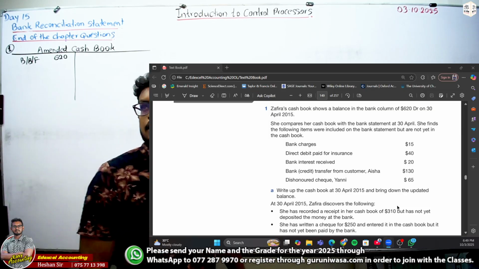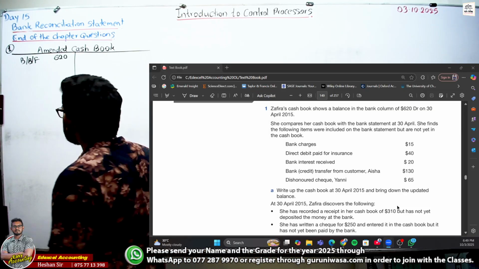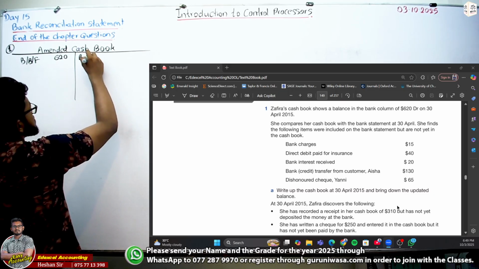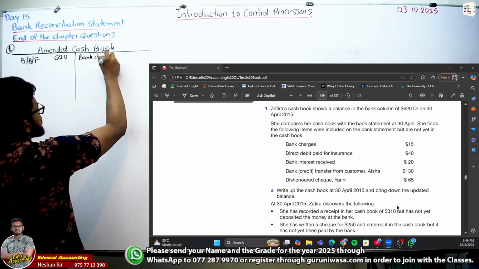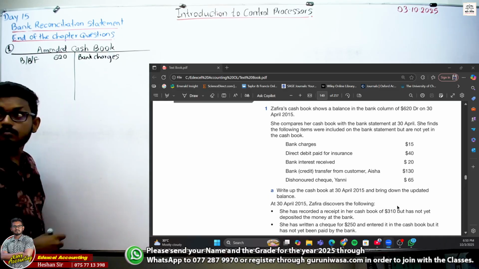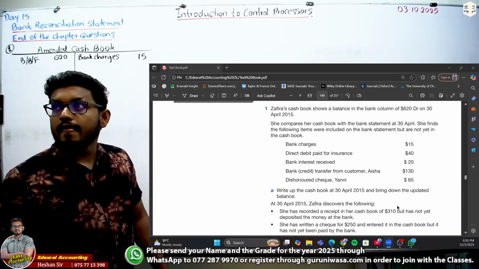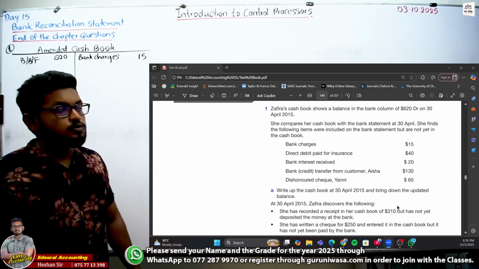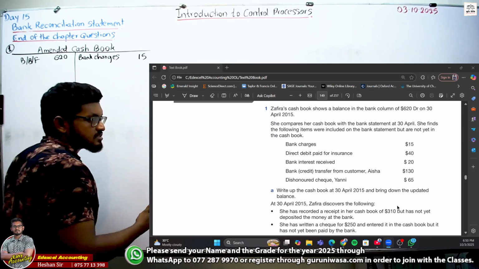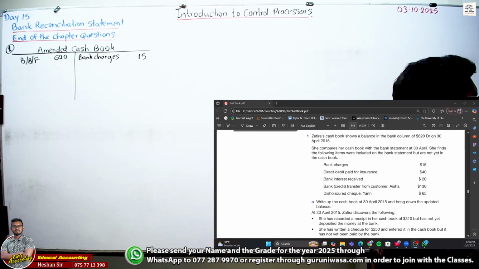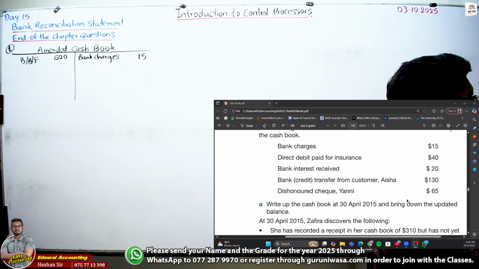Because of bank charges, our cash book balance should be decreased. Bank charges, how much? 15. Direct debits for insurance. If we paid the direct debits, our cash book balance should be decreased. Direct debit means in the bank statement. These are the reasons found in the bank statement.